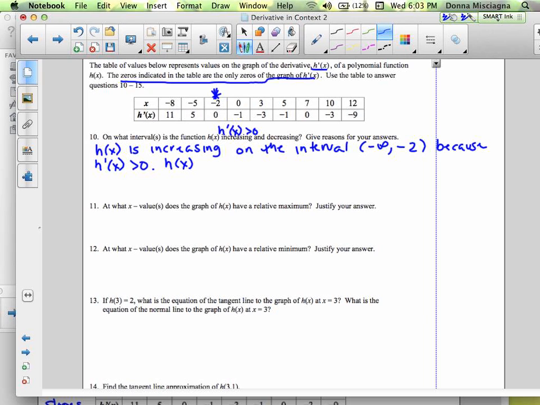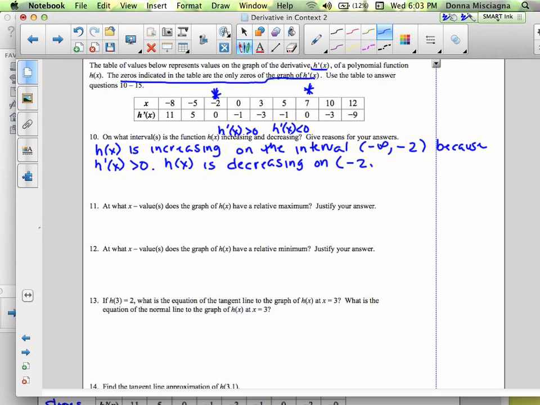Now, h of x is only going to be decreasing where the derivative is negative. So h of x is decreasing on, right? So now right at -2, it switches and it starts decreasing. Notice that we have a 0 over here. So even though it continues to decrease, we have to represent the fact that it stopped decreasing because we have a 0 there.